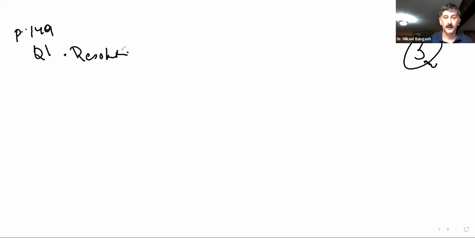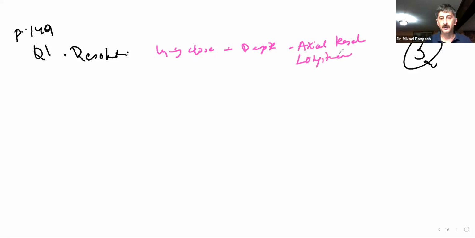Where it says lying close together in depth, then that becomes axial resolution, which we also call longitudinal resolution, range, radial, and depth.